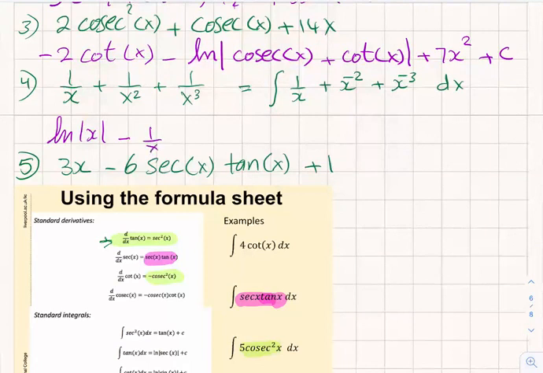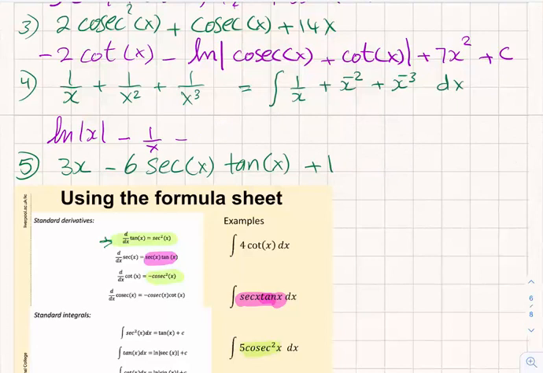And then the x to the power minus 3, it's going to be x to the power minus 2 divided by minus 2. So it's minus x squared? No, sorry.